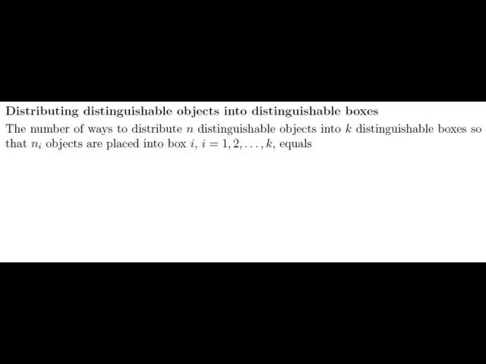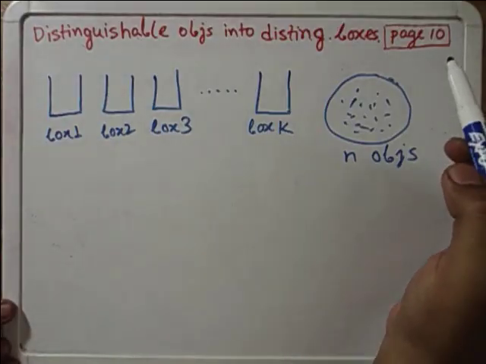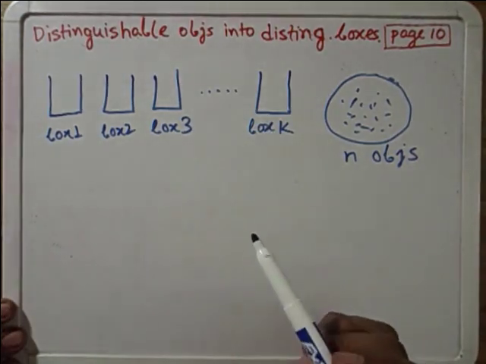That means the objects are all different, distinct, and the boxes are also distinct. The number of ways to distribute n distinguishable objects into k distinguishable boxes so that ni objects are placed into box i equals... So let's see. This is how it looks visually.